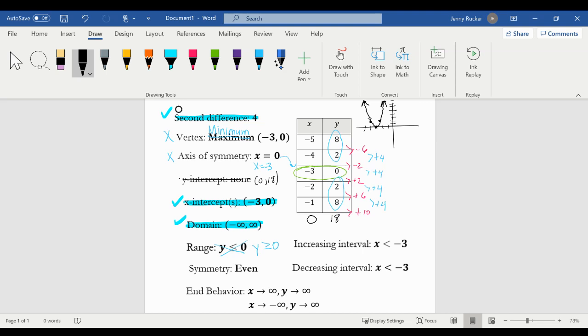So it has neither even nor odd symmetry. So this is not true.